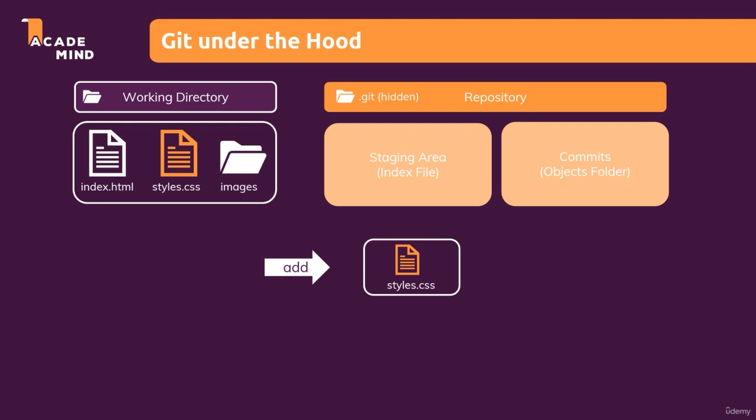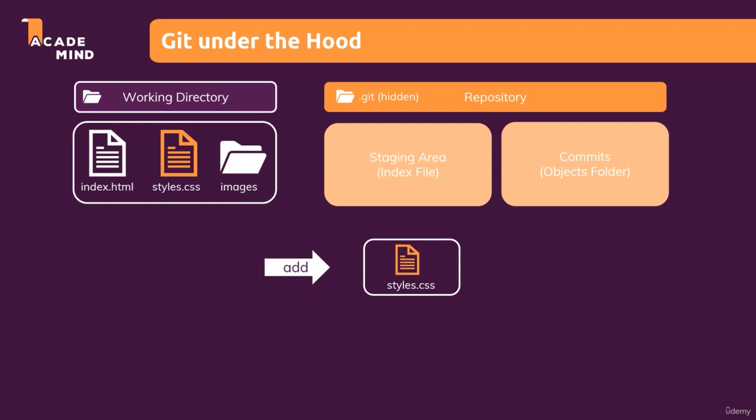For a single file only, this doesn't make too much sense at first sight. But if you think about the logic that you first change your style CSS file and then you say, hey, I also want to add a new image to the page, and this change should also be added to the next commit, well, then you would also add this new image, so this next change, to the staging area. So that's where this logic is coming from.